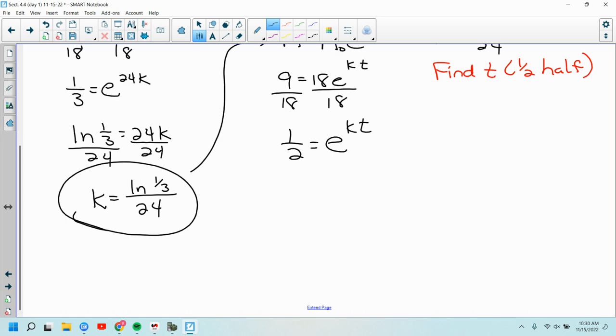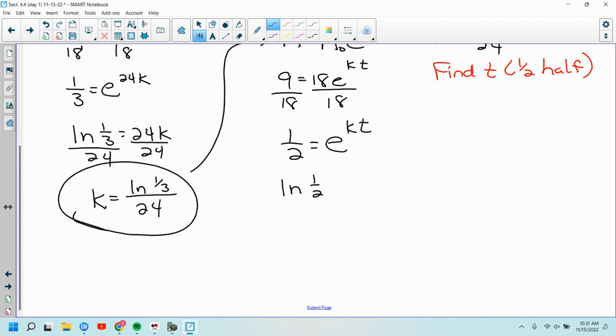Lexi, what do you think it's going to give us? It's actually an L. Oh, I'm sorry. Ln of 1/2. Yep, over t equals the exponent, which is kt.